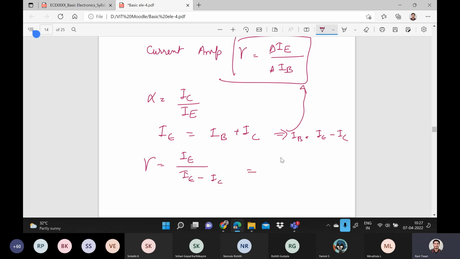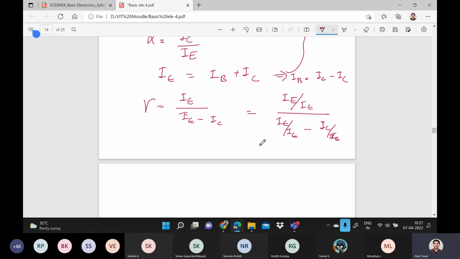And you can also do it like this: divide IE by IE minus IC divided by IE. That means I've just divided both numerator and denominator by IE. So you will get 1 divided by 1 minus alpha. Why? Because this IC by IE is alpha.